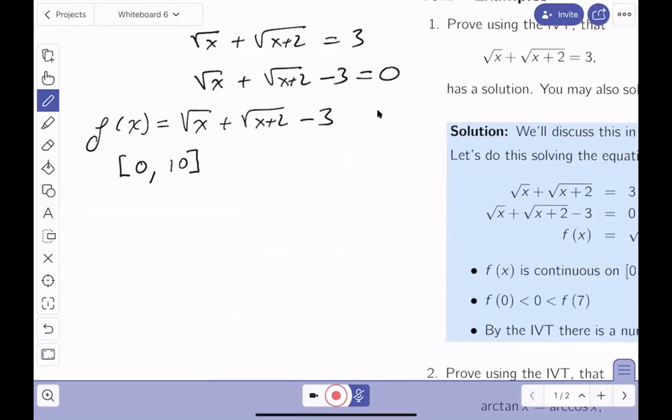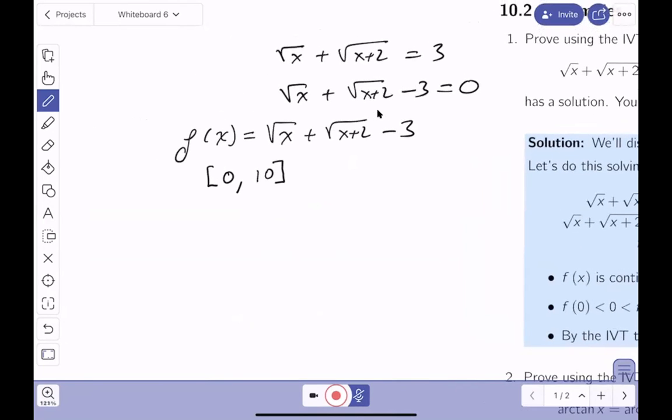So I'm going to claim this function f of x is continuous on the interval 0 to 10. All right. I'm going to choose my w to be 0. I don't know, maybe it's not going to work.